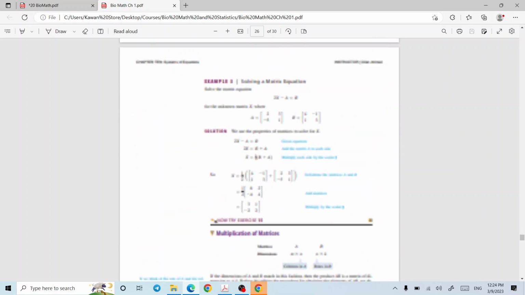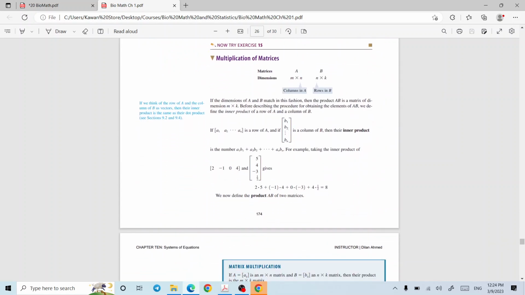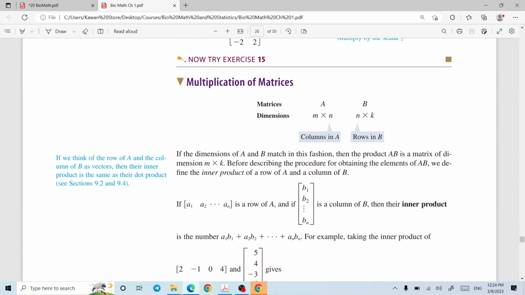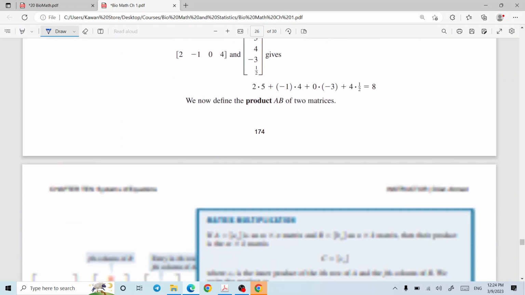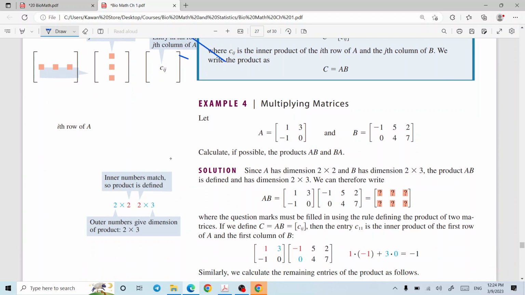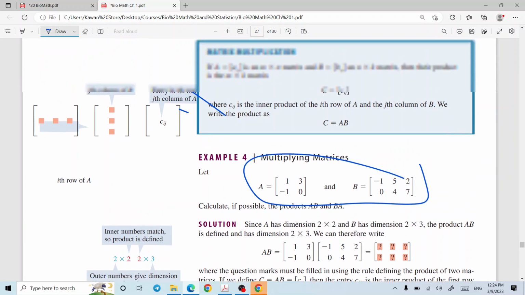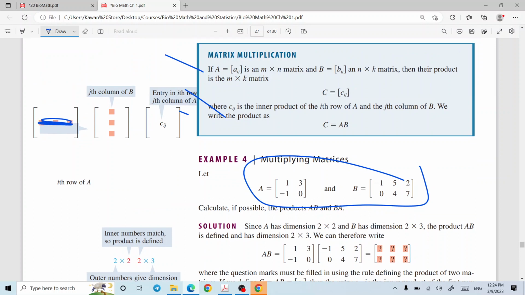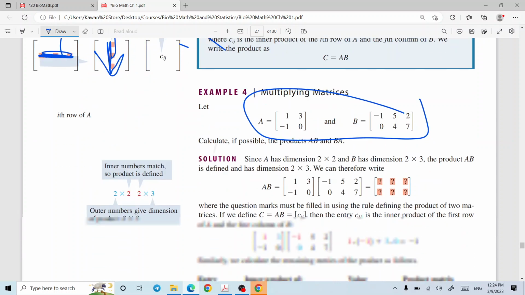Look at here. I told you this is important. And how we multiply, that's the rule. We have a rule for multiplication. Look at this one, how we multiply. Row by column. Understood? Just to get the idea.